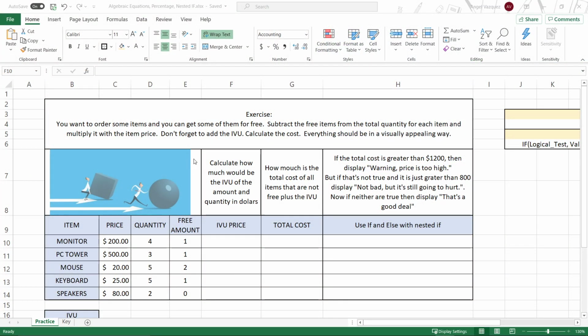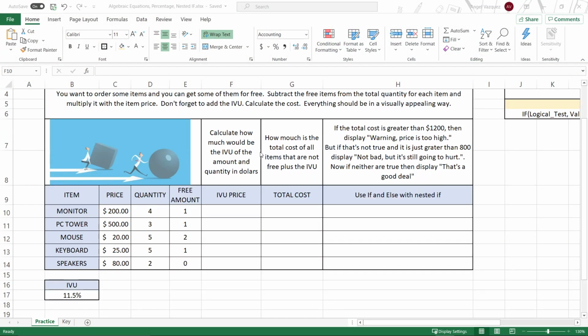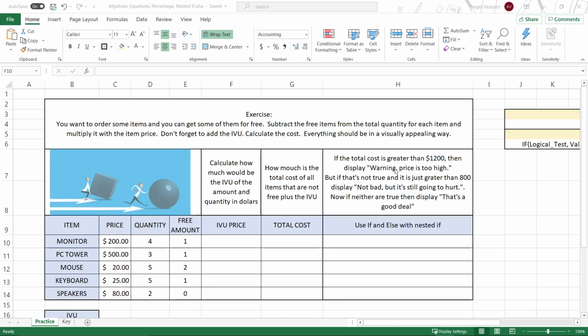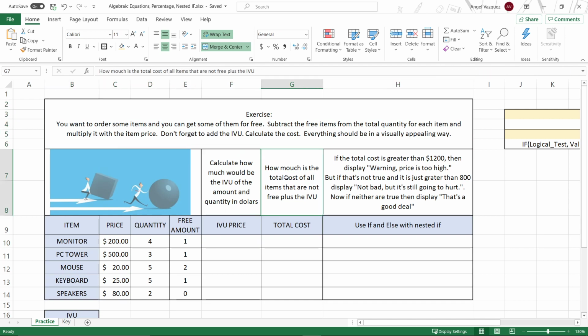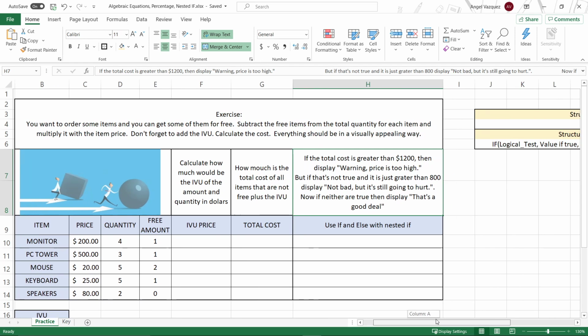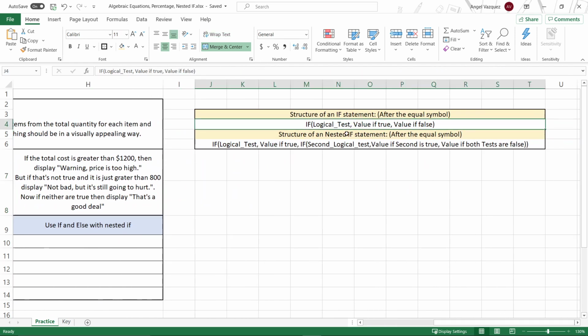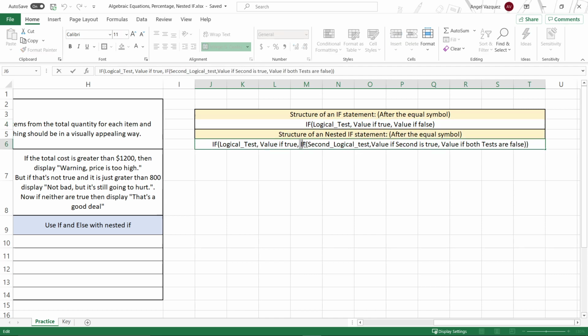So right here we have the table of the assignment, which you have in Teams. Over here are the instructions. This is what you have to do for each column, and on the right side you have a display of how the function would be for if and else, and then for if with a nested if inside, which is this one.